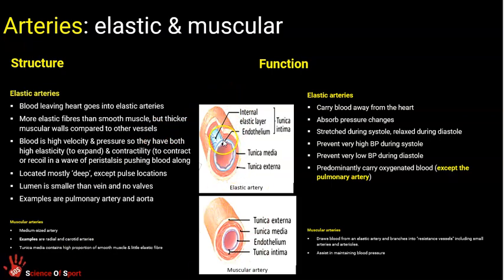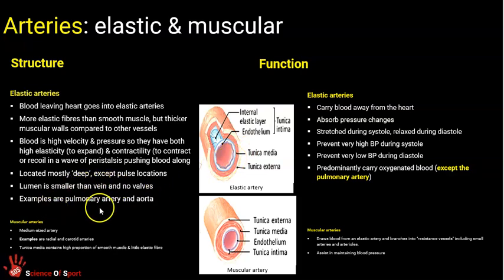So we've established that they're structured with thick muscular walls, a thick tunica media, which has both smooth muscle and elastic tissue to account for blood being sent from the heart at high velocity and under high pressure. It's again a bit like turning on the tap on full and a hose pipe that has to cope with that highest pressure right by the tap. And your arteries have to expand and recoil.